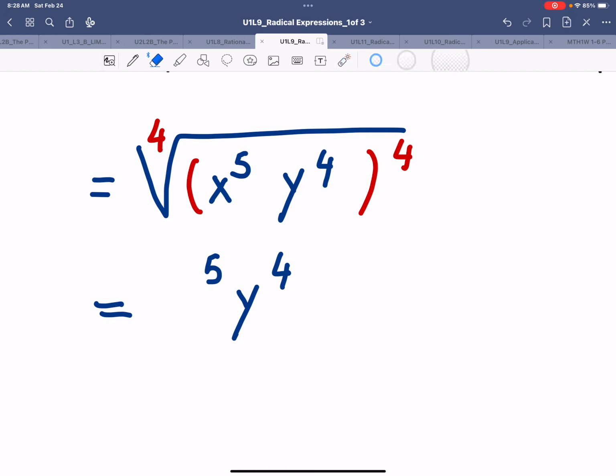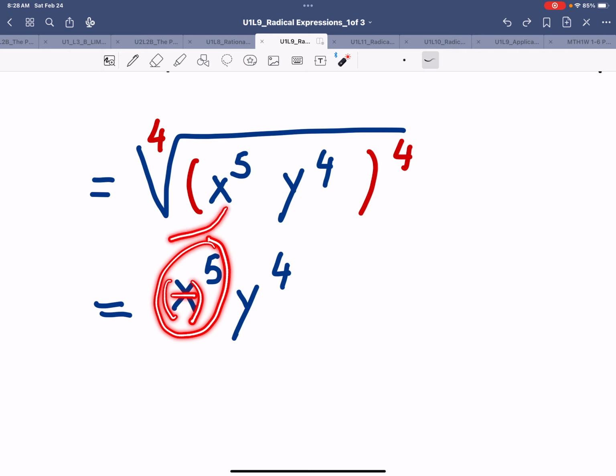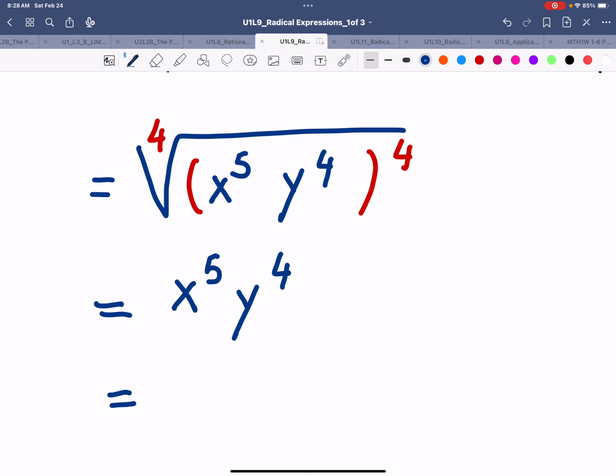But if x happened to be a negative number, then this would be a negative number, and that means we would take a negative value outside an even root, which cannot happen and shouldn't happen. So that's why we're going to wear x to the power of 5 in an absolute value, a nice little winter coat here. y to the power of 4 will be positive for any real number y.